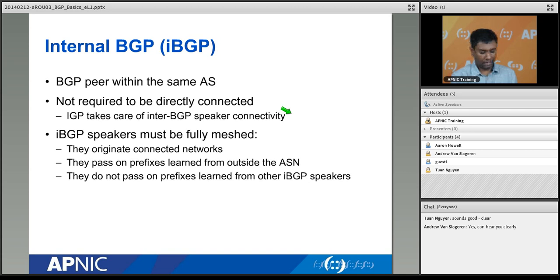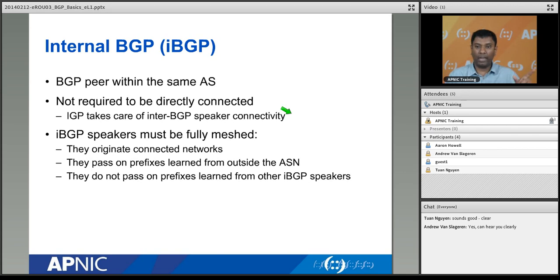Okay. Internal BGP, or iBGP. As I said, iBGP is when our BGP peering is running within the same AS. That's what we call iBGP peering. And for iBGP peering, we don't need direct connectivity among those iBGP peers. As I said, if you have 2,000 routers within your network, all those 2,000 routers are reachable via OSPF.